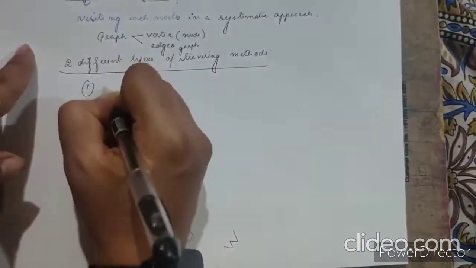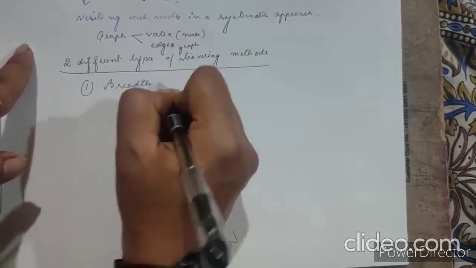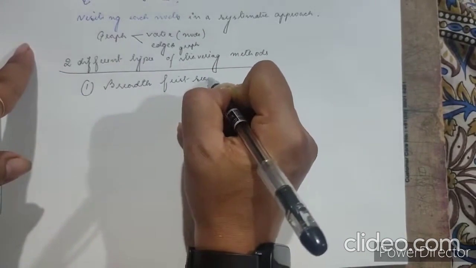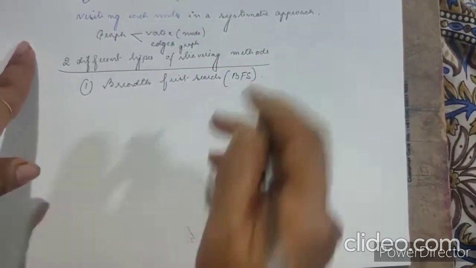The first one is called breadth first search, BFS. So what is this breadth first search?